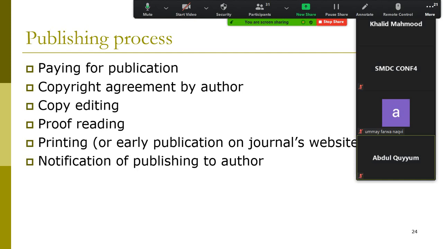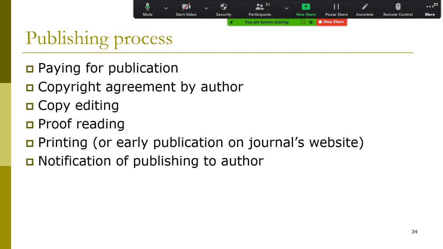And nowadays many journals have a practice that they put your article in the proper formatted form on their website. It is called early publication or pre-publication, and after some time they will allocate a proper volume, issue and page numbers to your article.